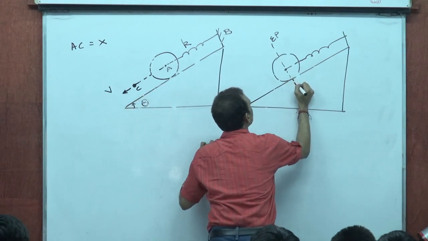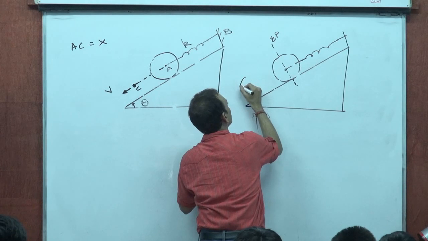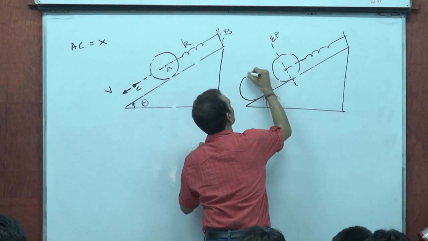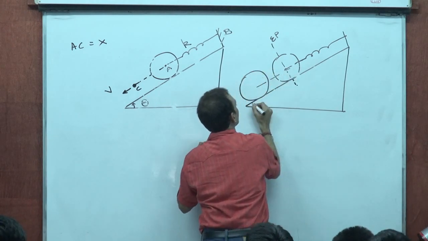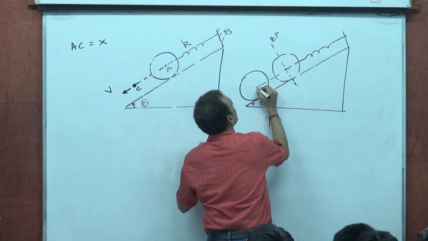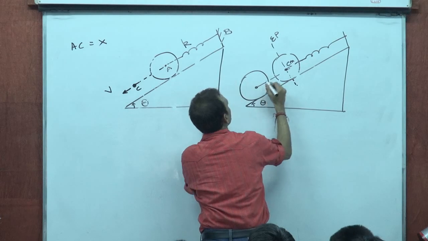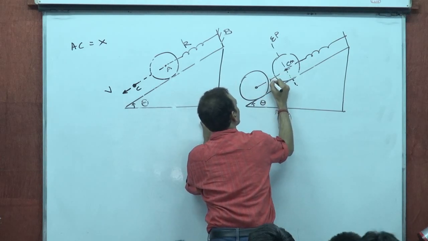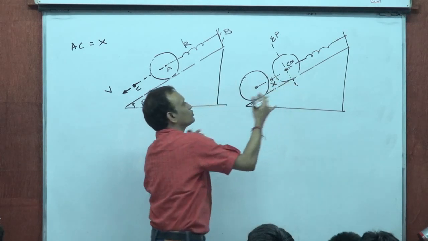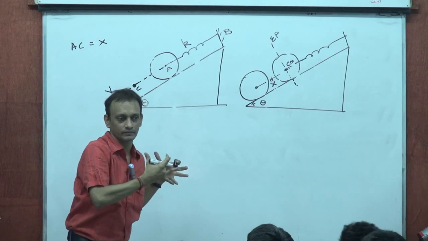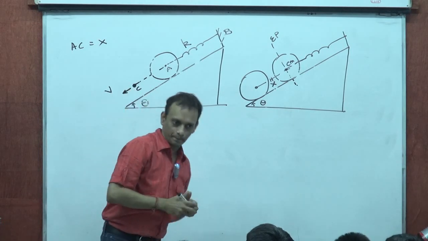Now, from the equilibrium position, imagine that the center of mass was slowly displaced by an amount x parallel to the plane, right?